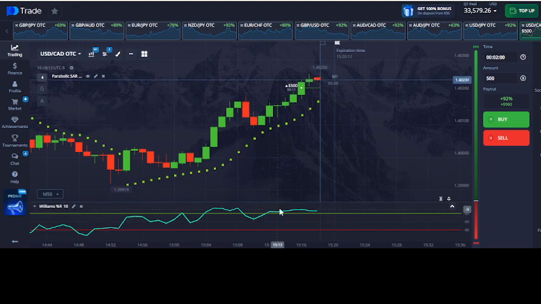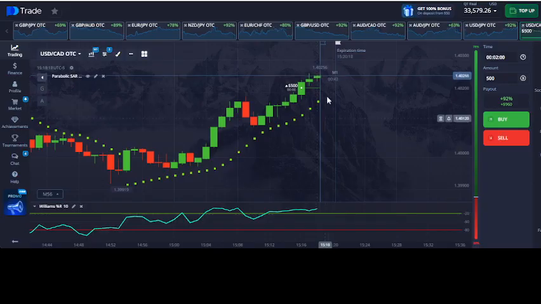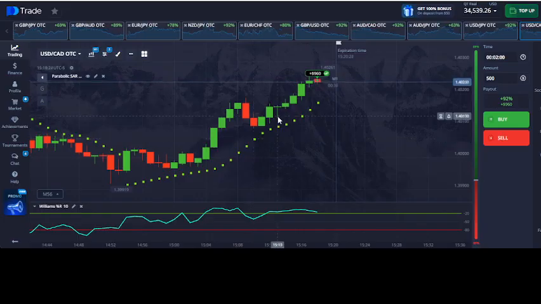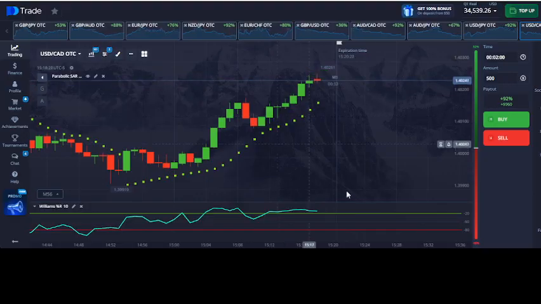So we have the Williams percent R holding steady above the green 20 line, parabolic SAR dots printing below the candles. And yes, we won that trade. All right. So I'm going to pause the video and look for the next setup.